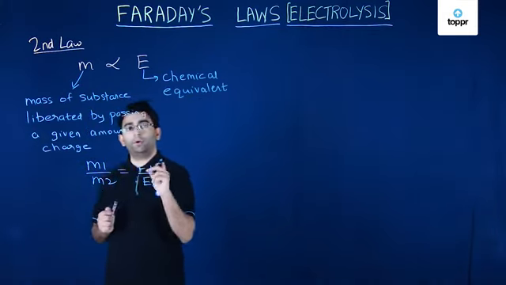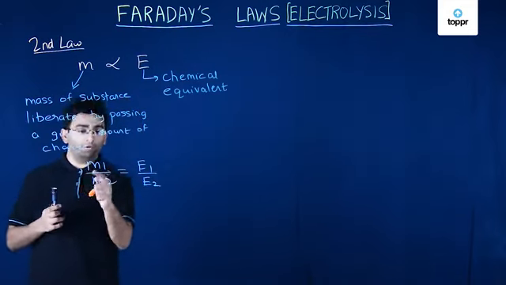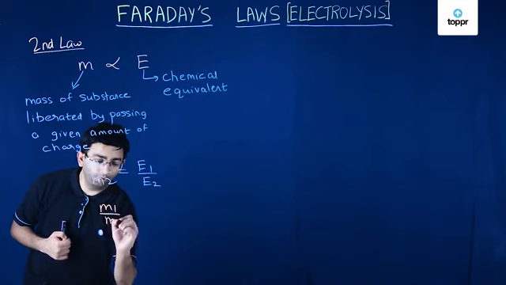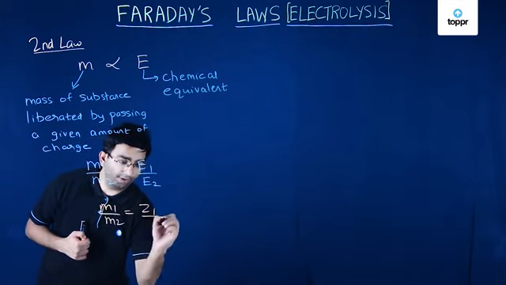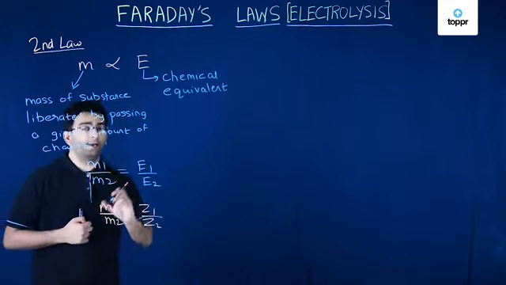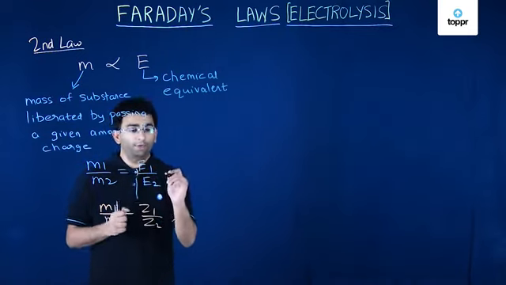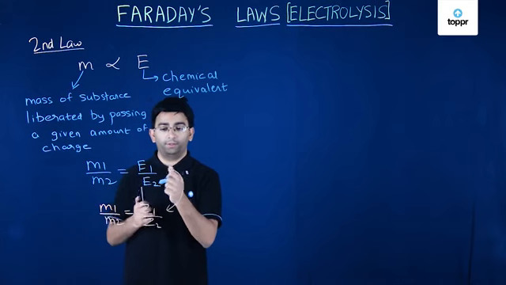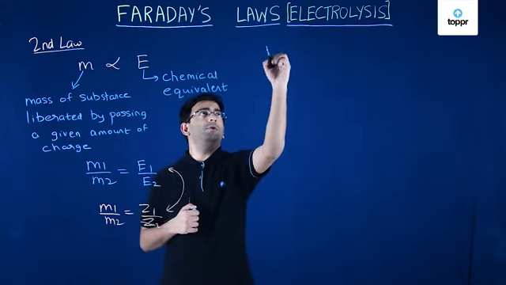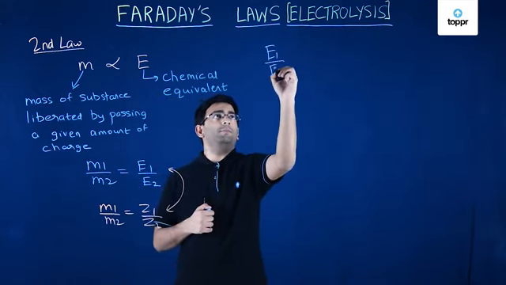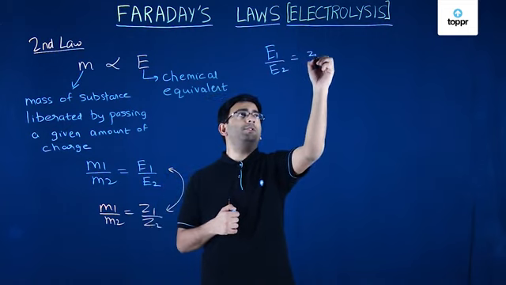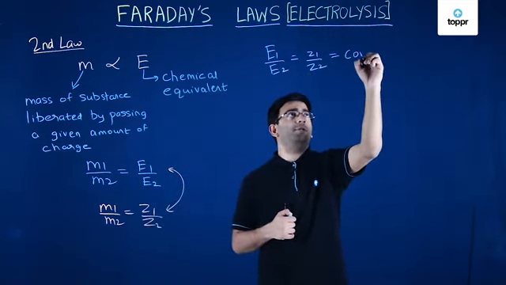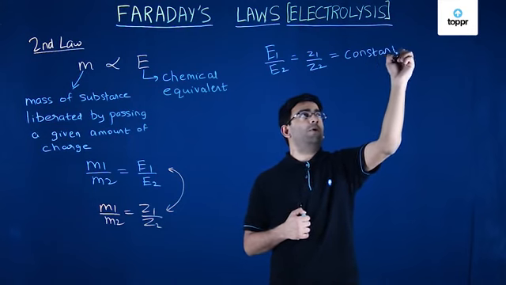If we recall, in the first law we found a similar relationship, M1 by M2 equal to Z1 by Z2, where Z represents the electrochemical equivalent. Now if we equate these two equations, the ratio E1 by E2 is equal to Z1 by Z2, and experimentally it has been found that these ratios are constant.